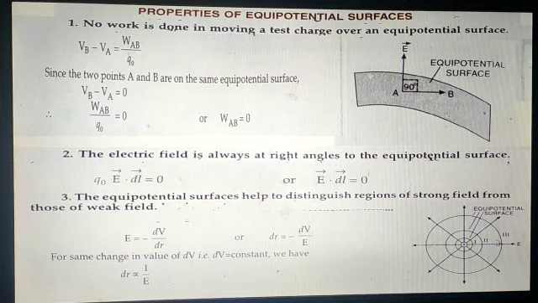That is, dr increases. Now we know that the electric field in this direction decreases, but dr increases, which is shown by the equation here. Dr is inversely proportional to E. It means that where dr is more, the electric field will be less. I hope this is also clear to you.